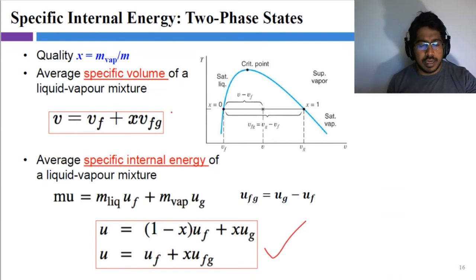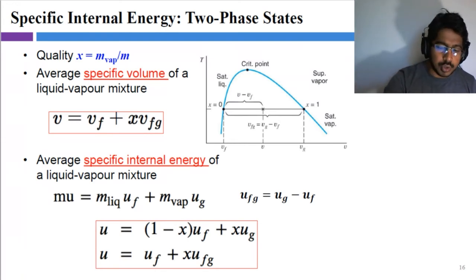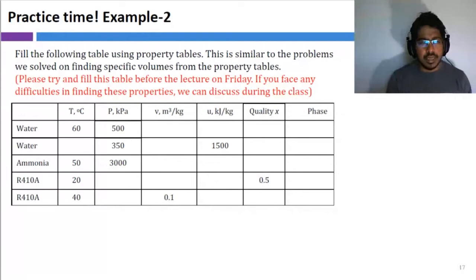Or else you can go the other way around, right? If you have the specific volume given for a state inside the dome, you can find the quality. If you have the internal energy given of your state inside the dome, then you can find the quality, right? You can go back and forth.